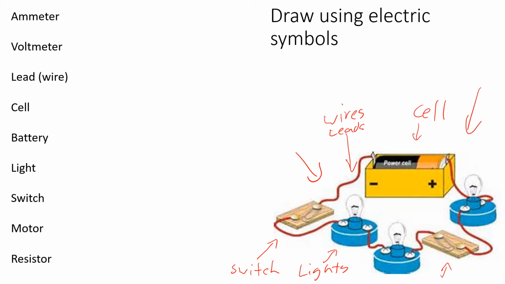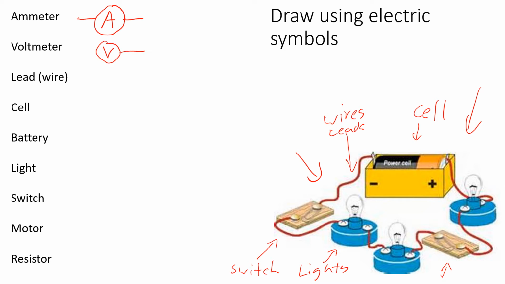We will talk more about amps later. For right now, the symbol for amps is just the letter A with a circle around it. A voltmeter is the letter V with a circle around it.